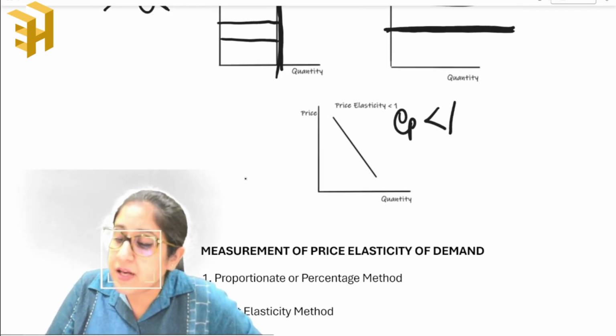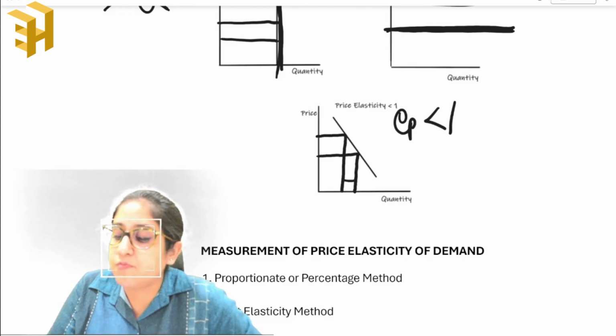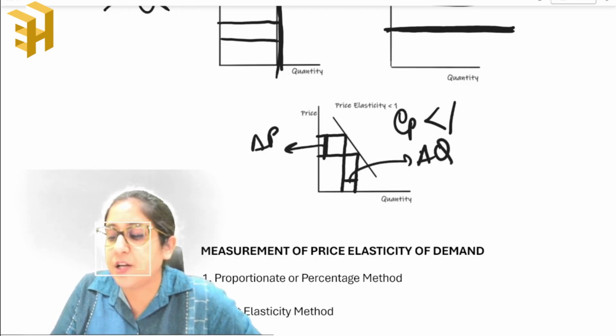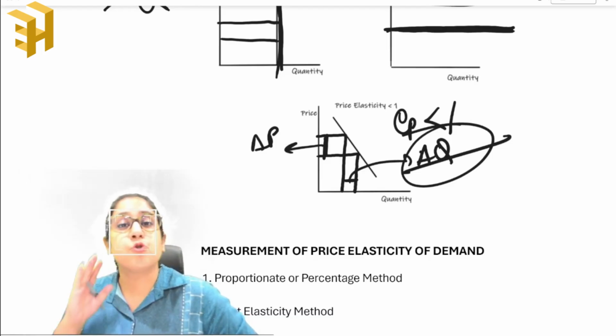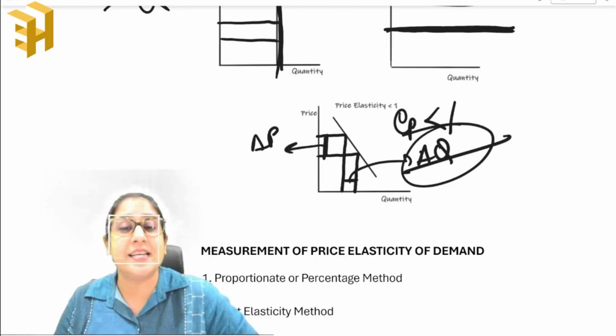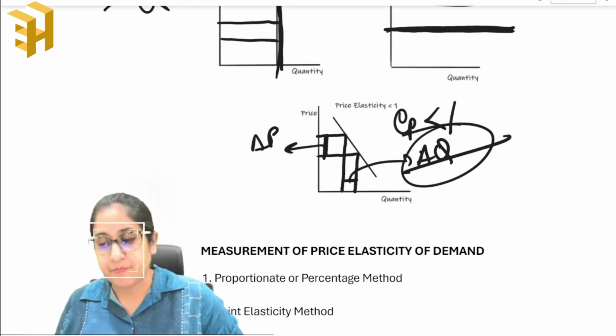That means a bigger change in price is bringing about a smaller change in quantity demanded. So here also you can see that change in price is greater than the change in quantity. So a steeper demand curve would imply that price elasticity is less than 1.